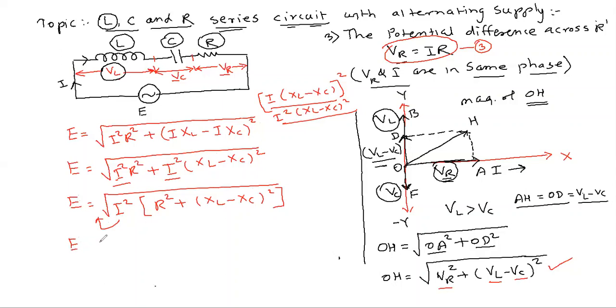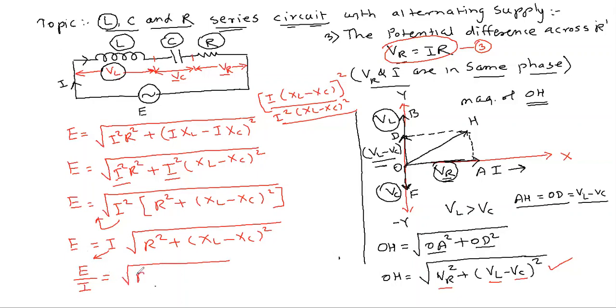So E is equal to I into square root of R square plus XL minus XC whole square. So again you take this I to this side. So I can write E upon I is equal to square root of R square plus XL minus XC whole square.